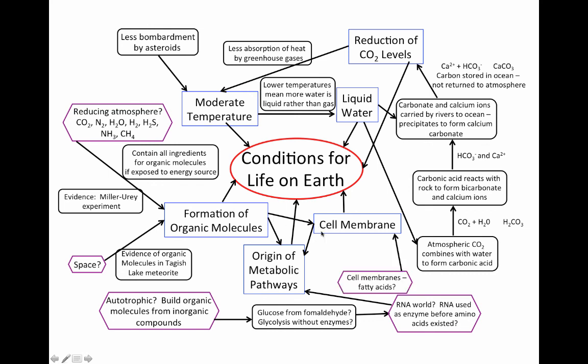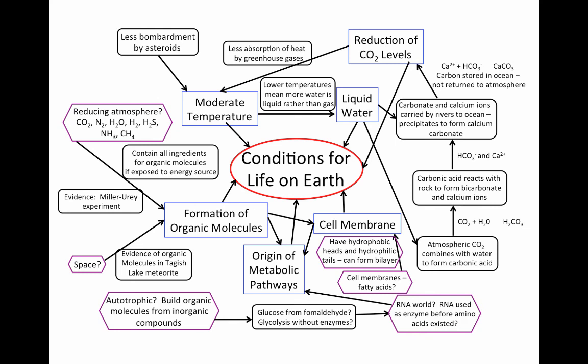And some of the simplest molecules that could have done that, that could have been formed spontaneously, would be fatty acids. So these are similar in structure to these phospholipids that I showed you earlier. They have hydrophobic heads and hydrophilic tails. So again, they've got these water-attracting and water-repelling regions that can form that bilayer that creates a semi-permeable membrane.